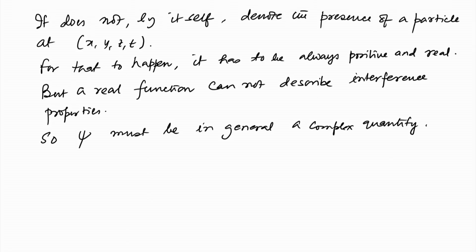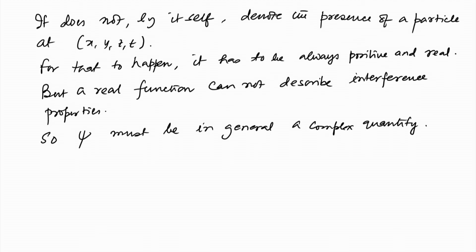Please do not get the message that psi is always a complex quantity. We will solve the Schrodinger equation and more often than not we will find psi to be a real quantity, at least the spatial part of it and so on. This does not violate any of the things that are being told here about the interpretation of the wave function. It can still be a real quantity, but in general it is a complex quantity.